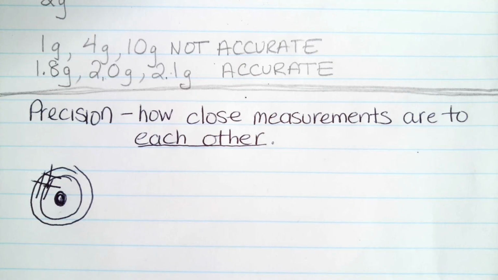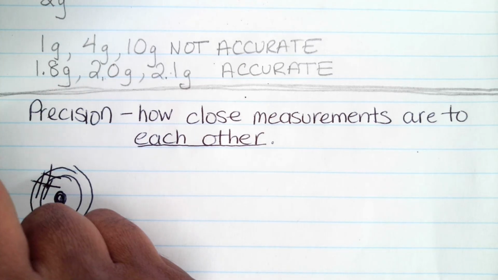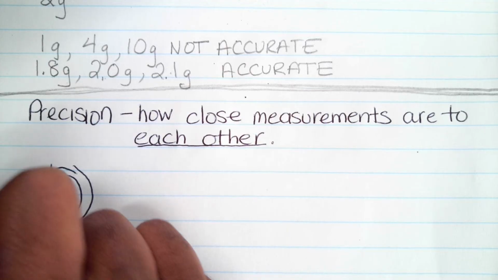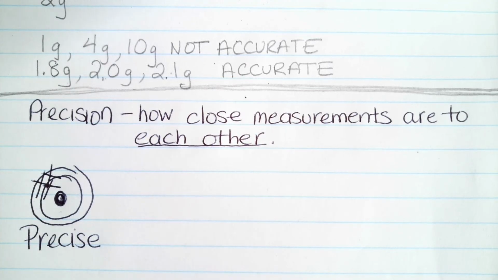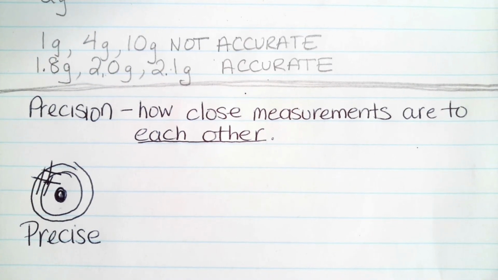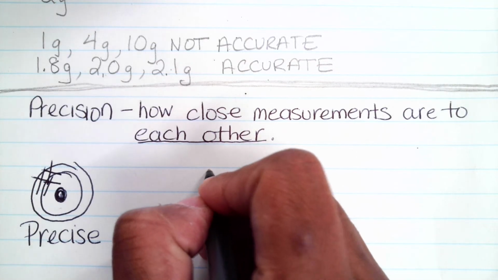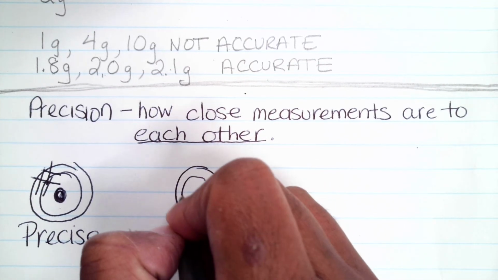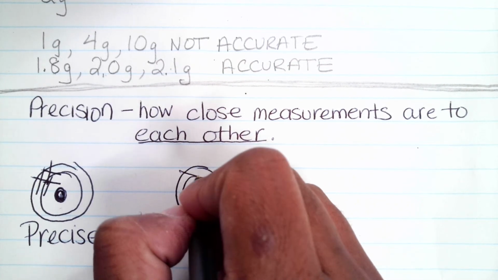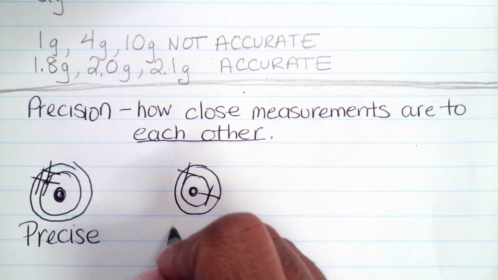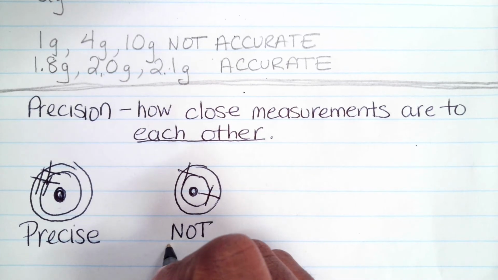Why? Yep, they're close to each other. So I'm going to write precise under here. And then the second bullseye, I'm going to make them spread out and write not precise.